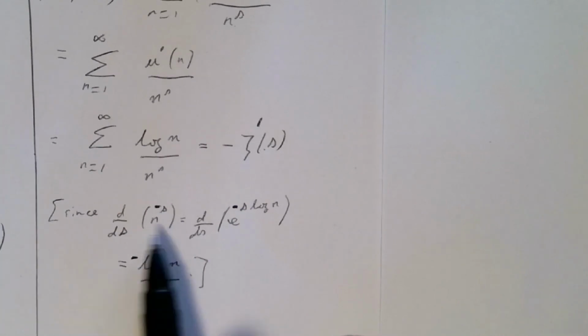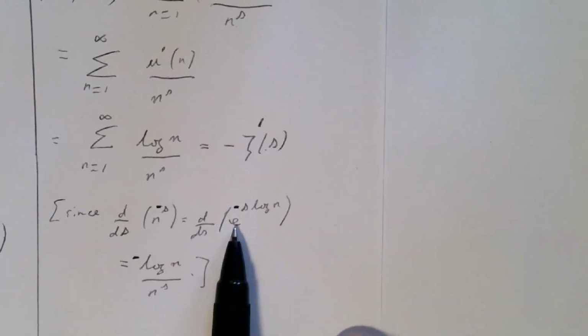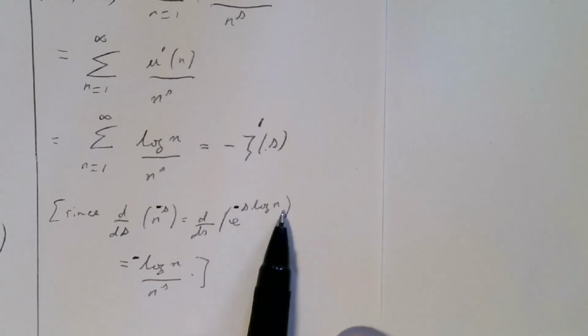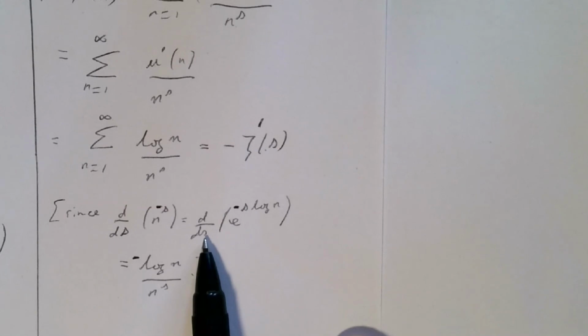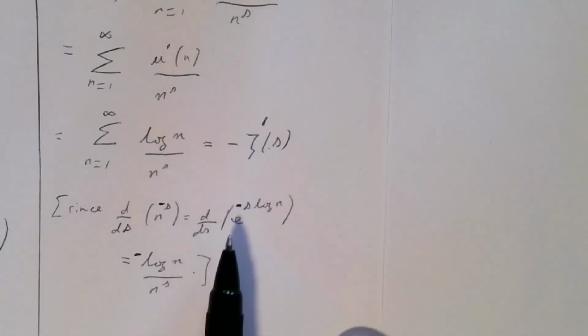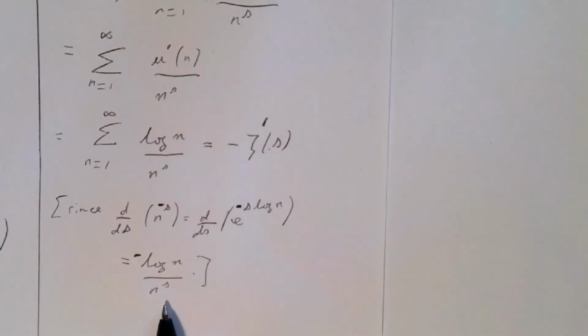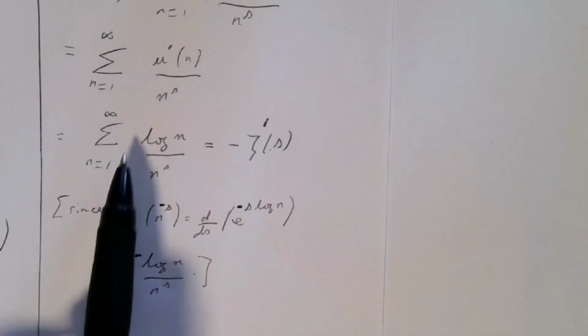So when you differentiate this, by definition, this is e to the minus s log n. And when you differentiate this with respect to s, you just bring the log n down the front. You've got a minus there, and then you get back to where you started from, which is 1 over n to the s. And that tells me then that the derivative of zeta is just this thing.